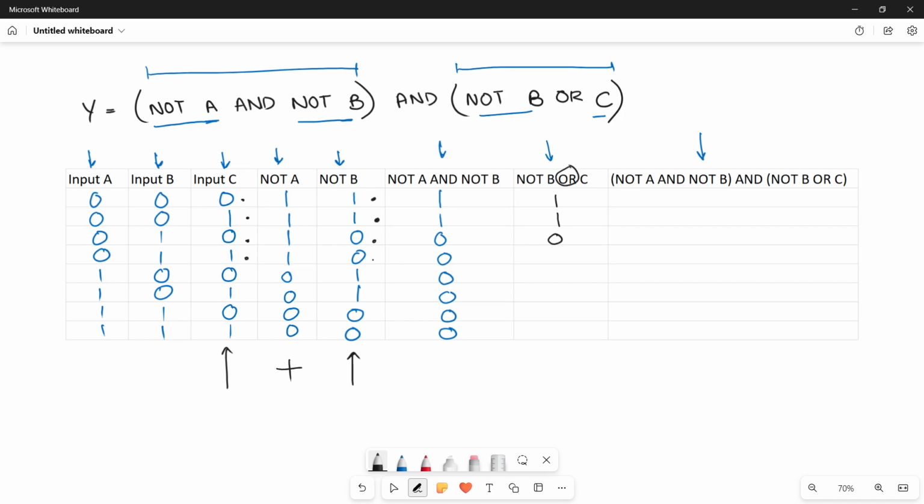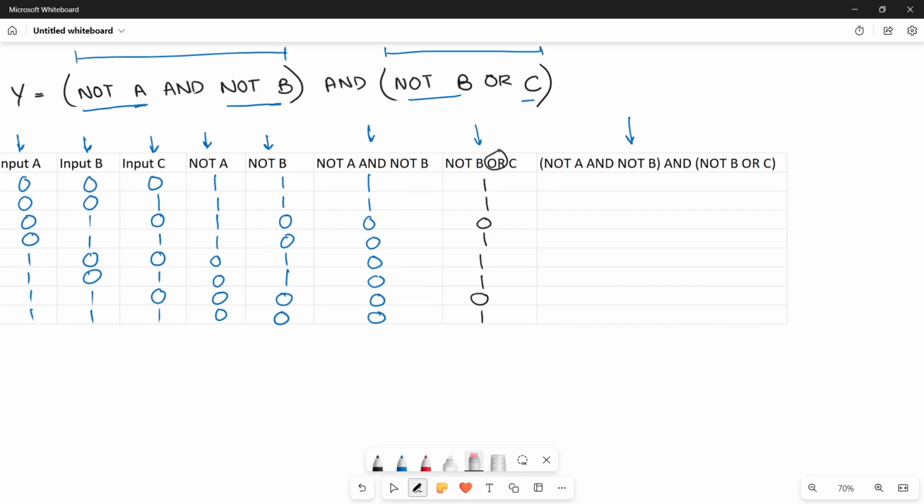Then 1 plus 0 is a 1. Then 0 plus 1 is a 1. Then 1 plus 1 is a 1. Then 0 plus 0 is a 0. And 1 plus 0 is a 1. This is how you are going to do the addition between input C and not B. So it is not B or C. We are done with the second bracket.